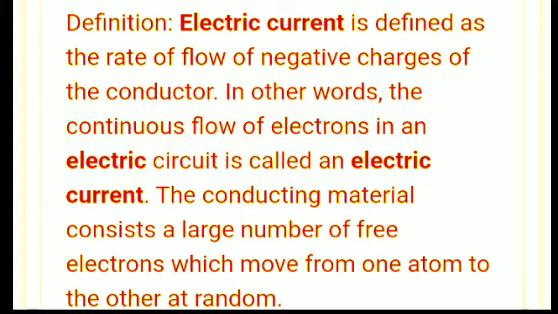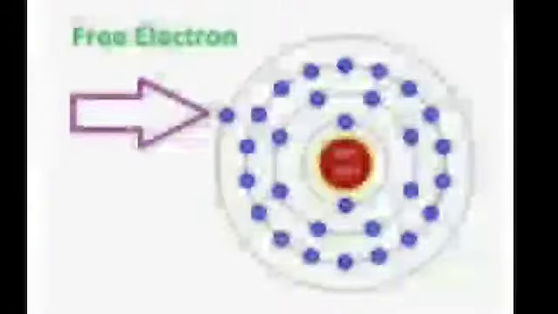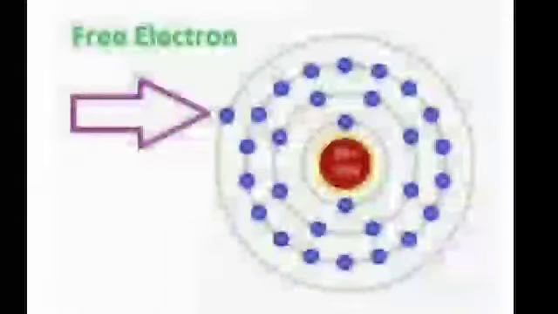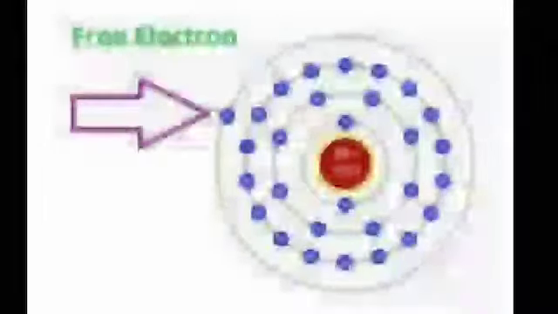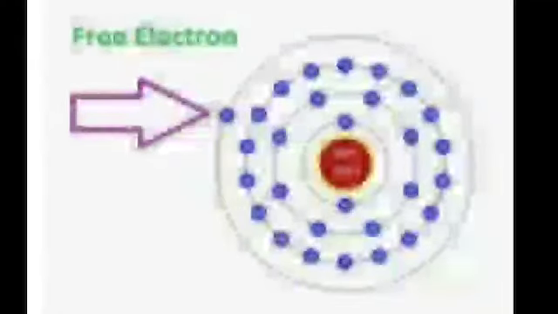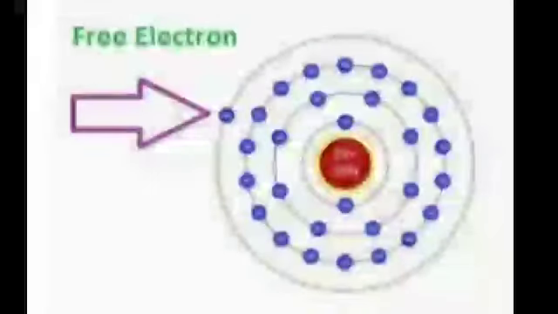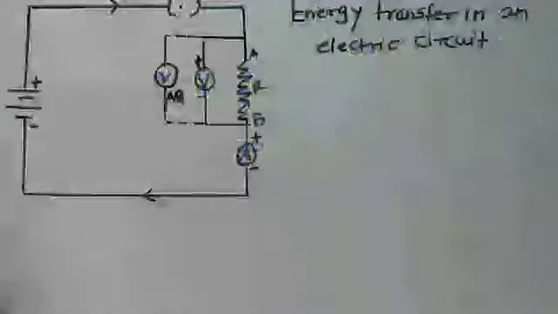The conducting material consists of a large number of free electrons which move from one atom to another at random. Every atom of a metallic conductor has one or more outermost electrons which are very weakly bound to the nucleus, and these are called free electrons.